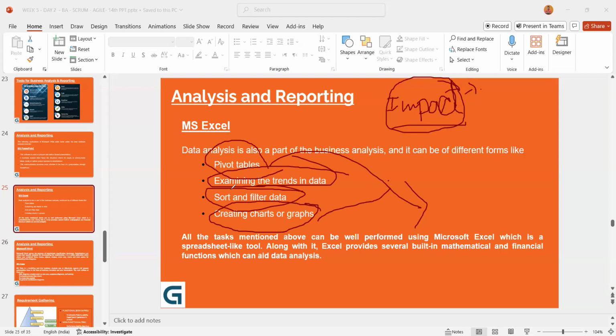Guys, when you are summarizing the data, you are understanding the impact of data. You learn how to sort it, how to filter it, how and where data is impacting, and what changes I need to bring because this data is impacting the existing system and processes in this manner.